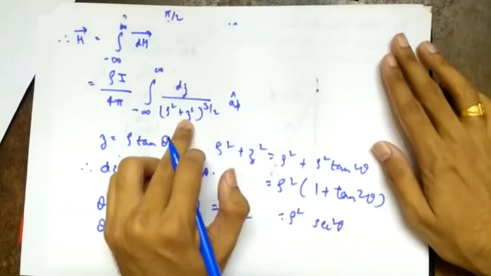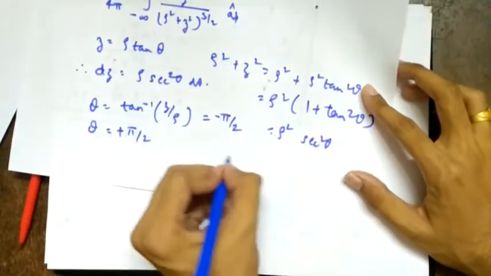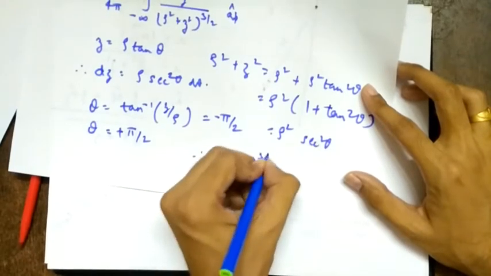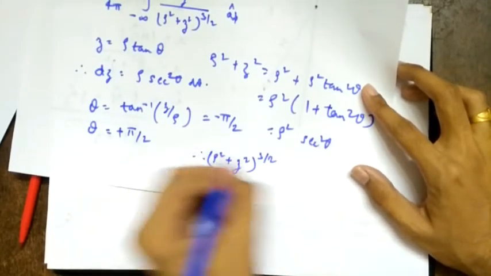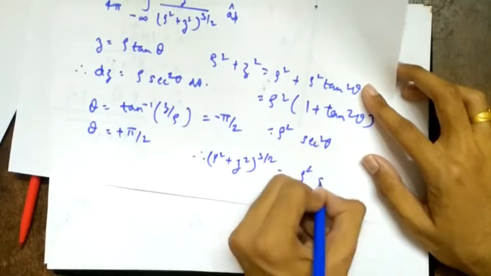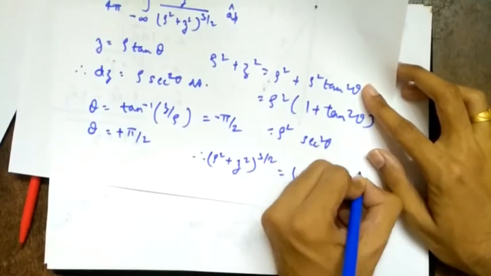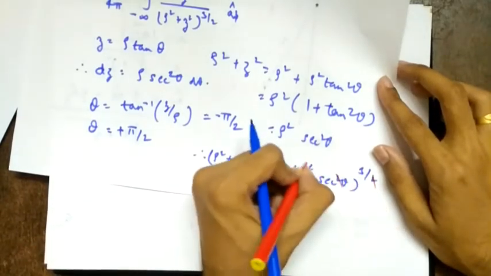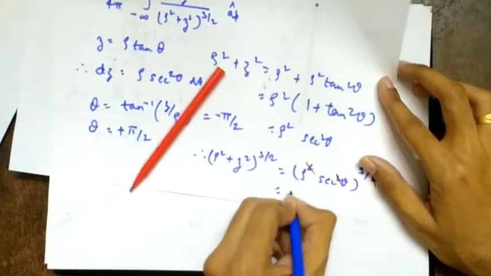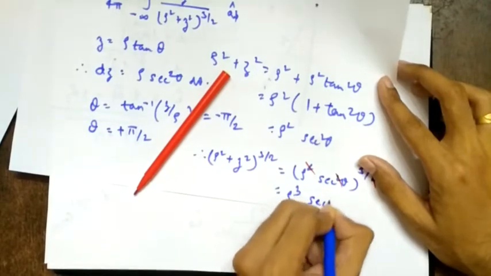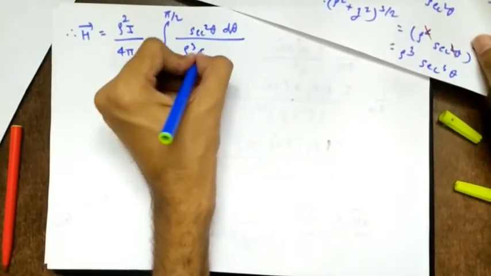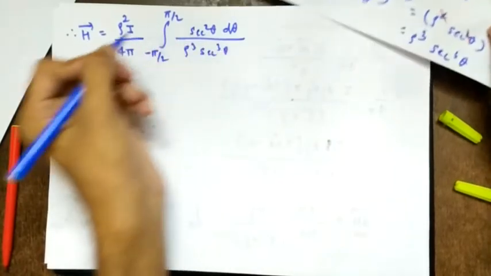So rho square plus z square raised to 3 by 2 will be what? Rho square secant square theta raised to 3 by 2. So this 2 will get cancelled with this 2, so it will be rho cube secant cube theta.